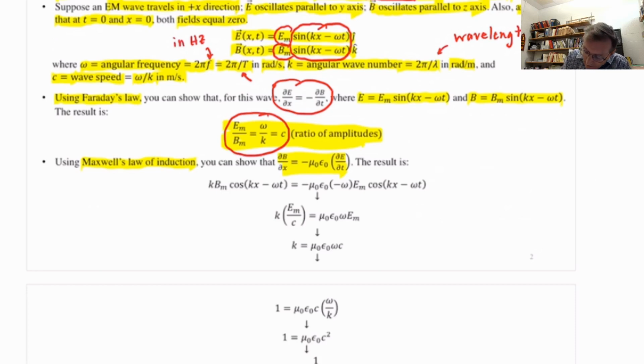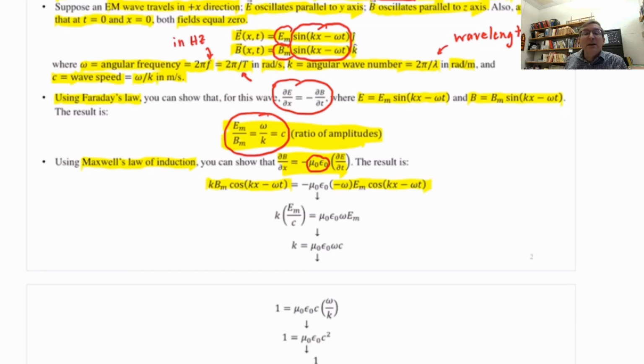And note the presence of both the magnetic constant and the electric constant. So you do those partials, and you get the next line. This is the partial of B with respect to x right there, and this right here is the partial of E with respect to t. Need to make sure you can see that.